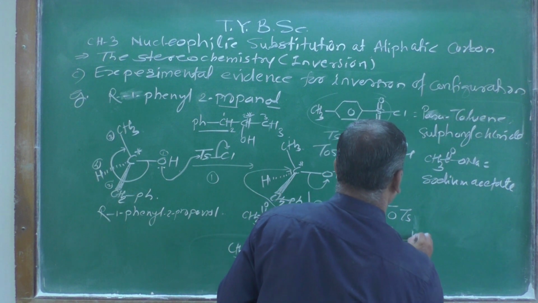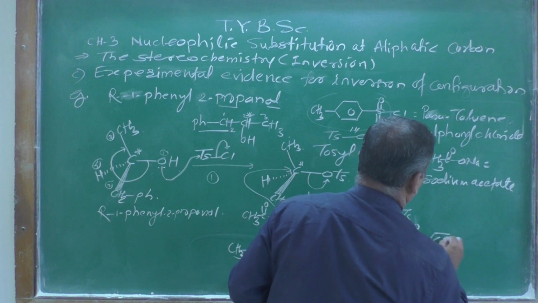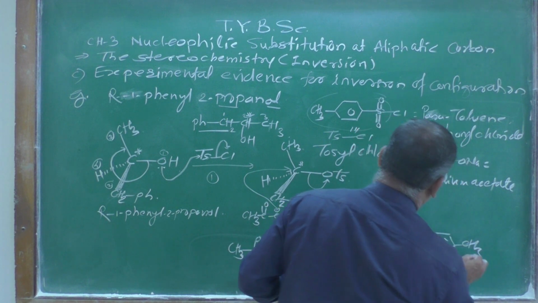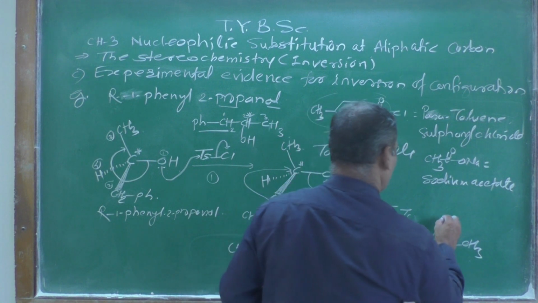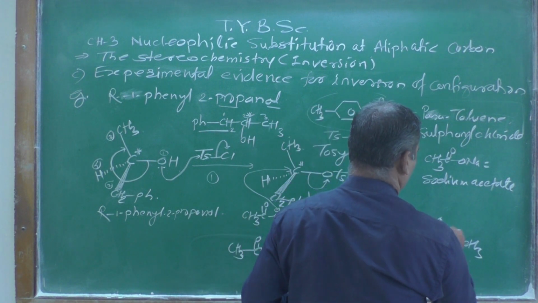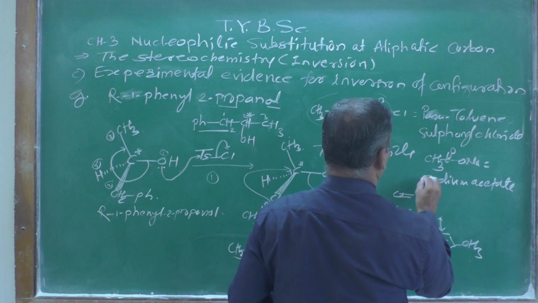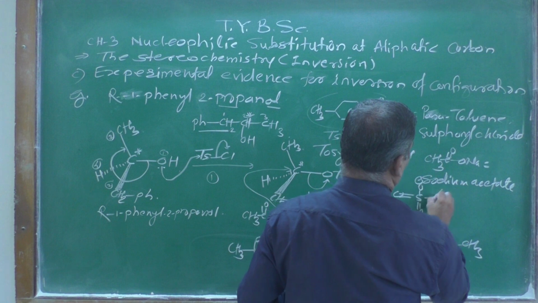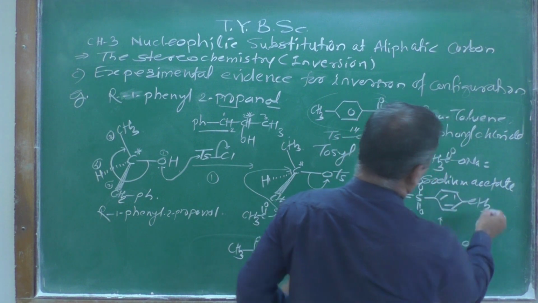Then S double bond O, and this group CH3. This group is well stabilized due to resonance. As we know, the resonating structure is C double bond O, SO minus double bond O, and this structure is as it is, CH3, right?